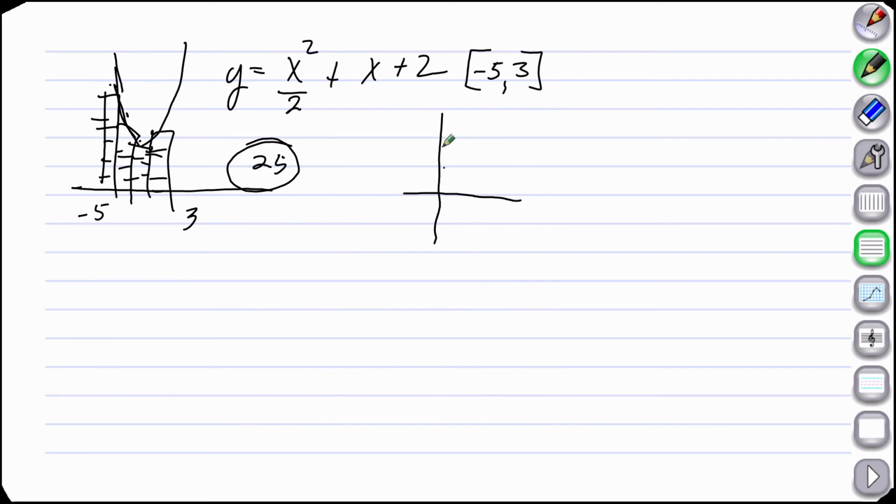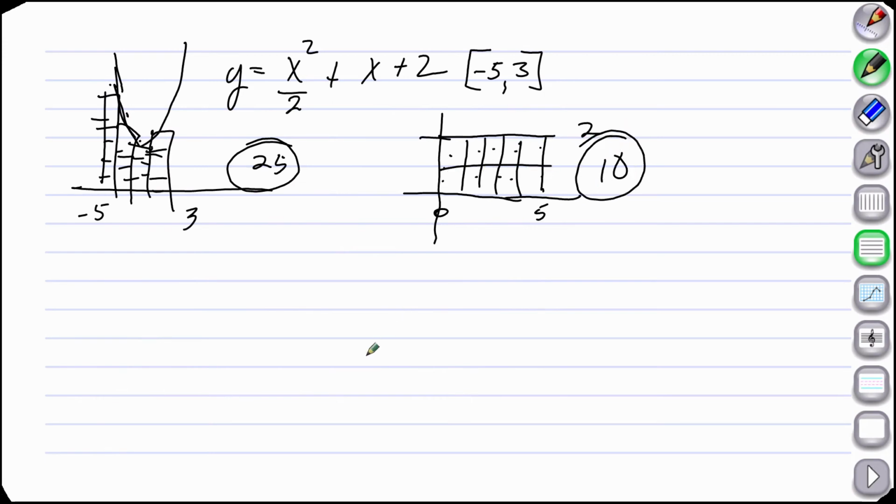You would just have a straight line at 2 coming across here, and they wanted it from 0 to 5, and we would figure out that it's just a straight line, 2, and it would be the area inside here, which would be 1, 2, 3, 4, 5, 6, 7, 8, 9, 10. It should come out to be 10. The area under that curve would be 10. It would be 10 squares underneath this thing.